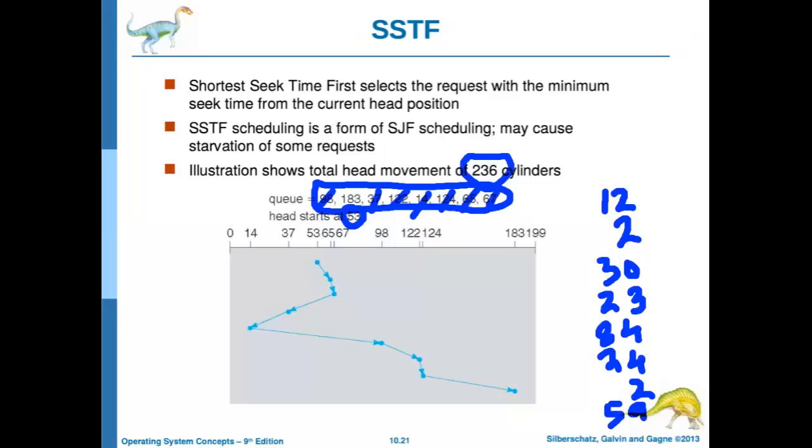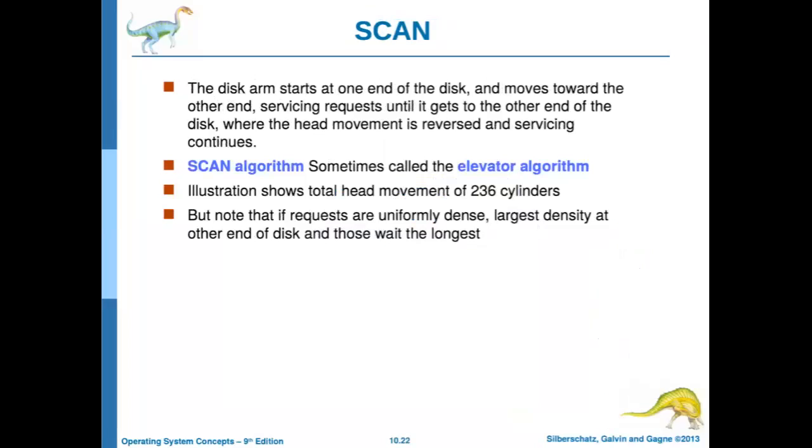Reason is very simple, it is circular, right? And because it is circular, maybe 199 and 14 is closer than 199 and 37. And to exploit this advantage of hardware, another algorithm is used for that. That is called the SCAN algorithm.